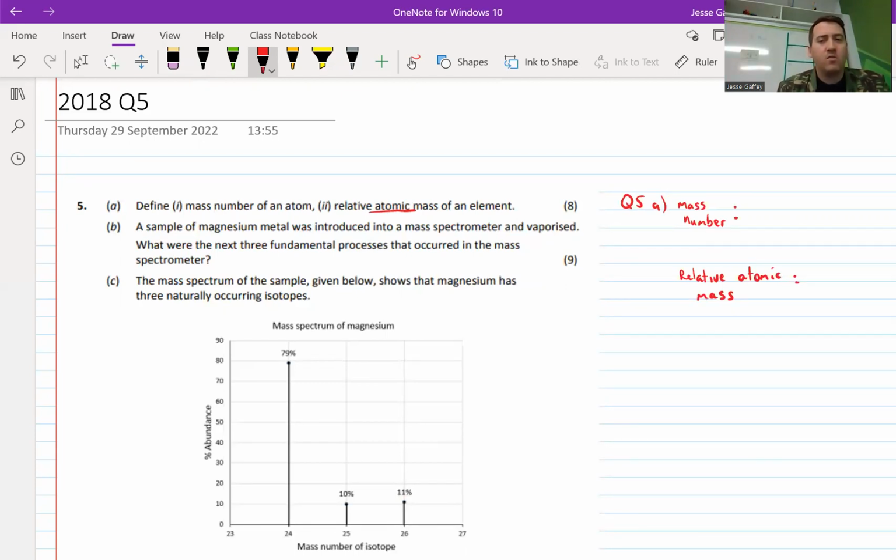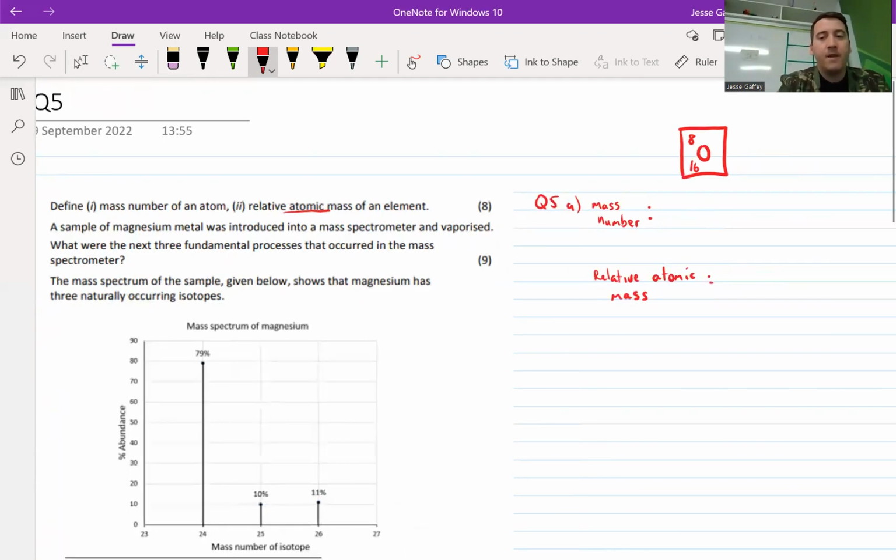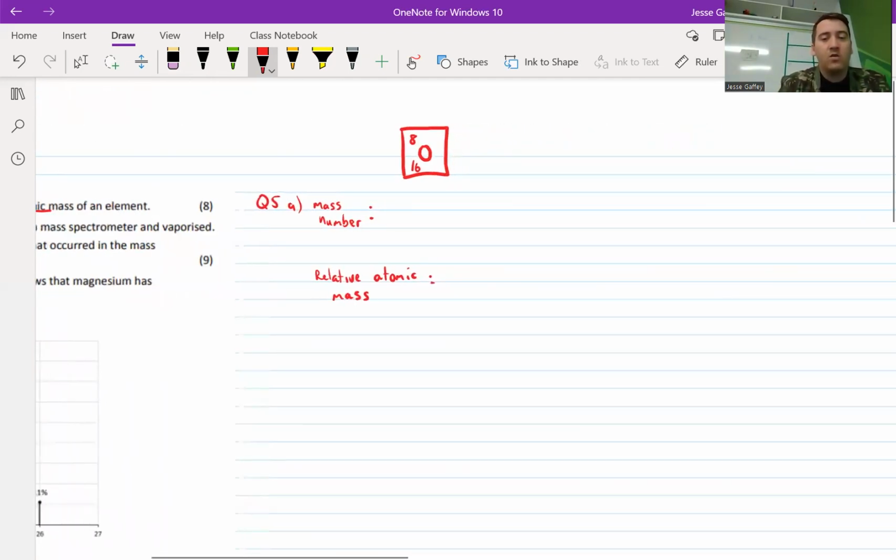All right, for those of us who aren't sure and are struggling, let me give you an example here. Say we have a tile or an element from the periodic table and say it's oxygen. We learned that oxygen has an atomic number of 8 and it has a mass number of 16, okay? So what do those numbers tell us?